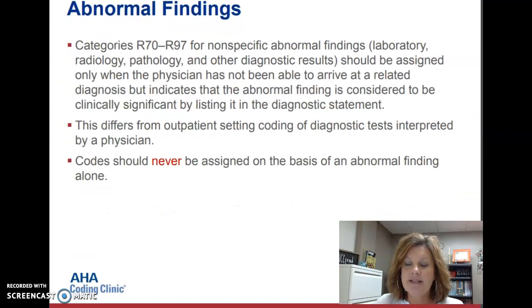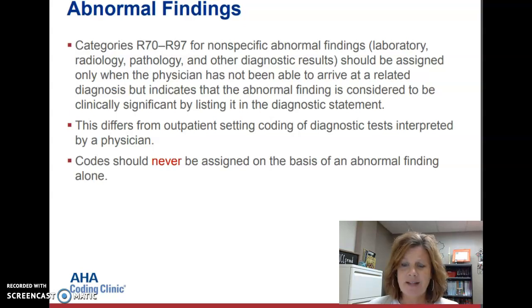Abnormal findings. Just one thing I want to state on this real quickly is codes should never be assigned on the basis of an abnormal finding alone. Here's a perfect example. If I'm in lab and my hemoglobin's low, and you have a coder who decides, well, they must be anemic, I'm going to assign the code anemia.